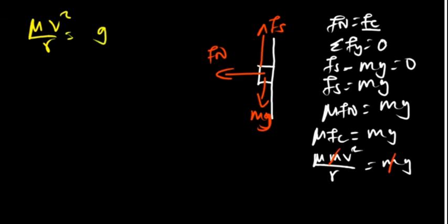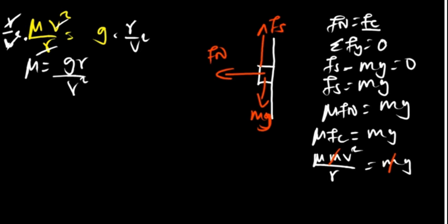We want to make mu the subject of the formula, so we can multiply by r over v squared on both sides. The r and r will cancel, the v squared and v squared will cancel, and we remain with mu is equal to gr over v squared.